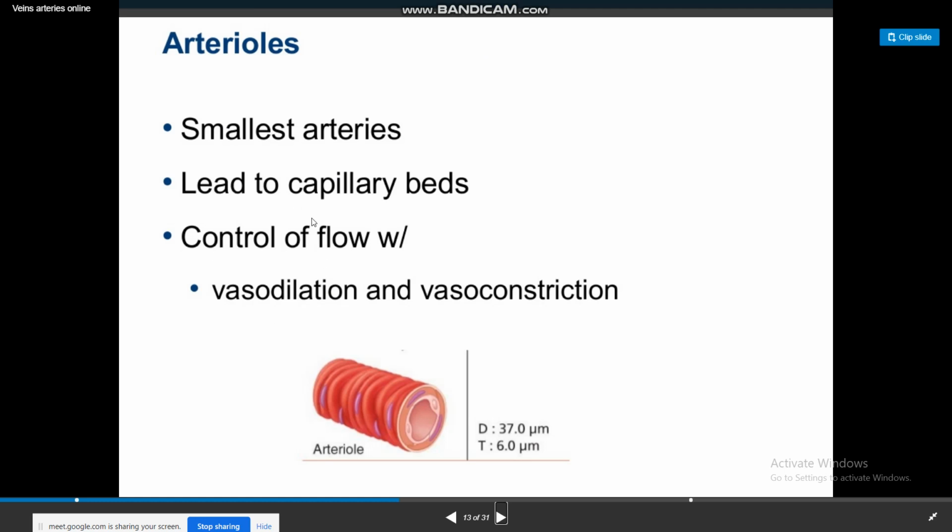Control of flow. By means of the arterioles, the flow is controlled. They also function in vasodilation as well as vasoconstriction. The wall thickness is around 6 micrometers and the diameter is around 37 micrometers. Arterioles are the smallest arteries.